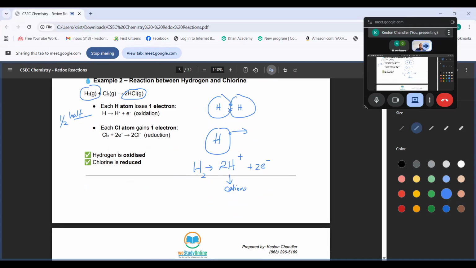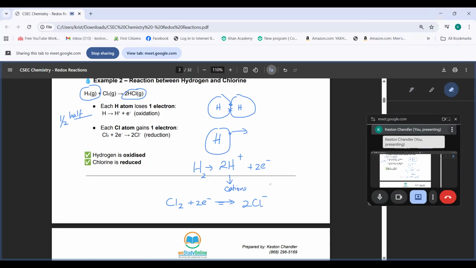The H2 alone is splitting up to give me 2 H plus ions with 2 loose electrons now that could be donated to the chlorine. This Cl2 gas here is going to accept 2 electrons and become 2 chloride ions. Everybody understand that part with the equation?